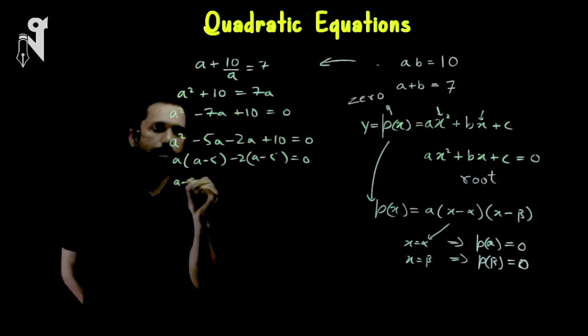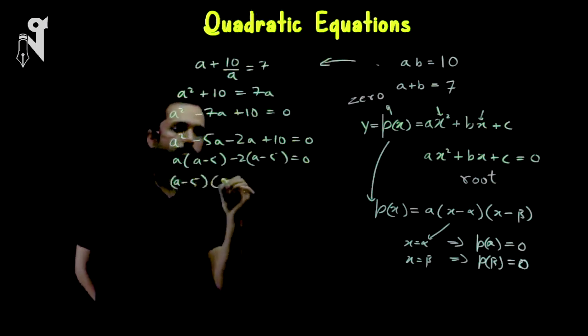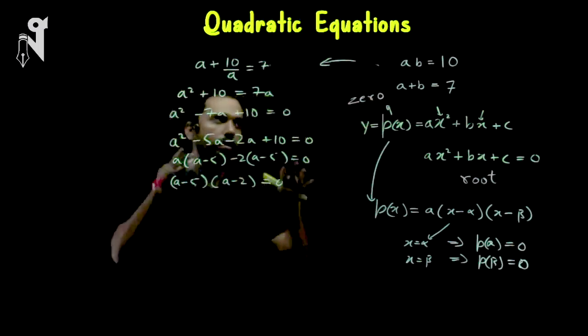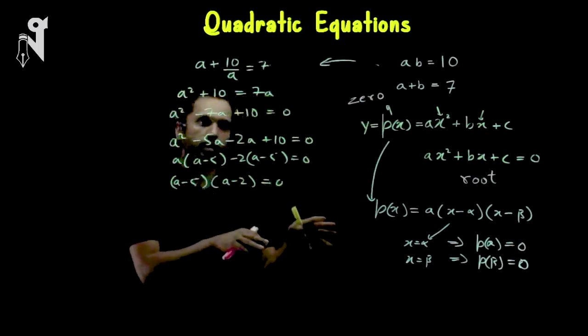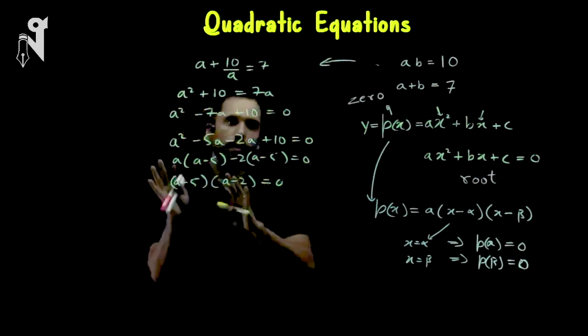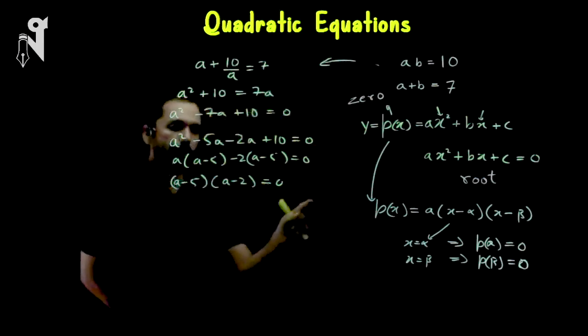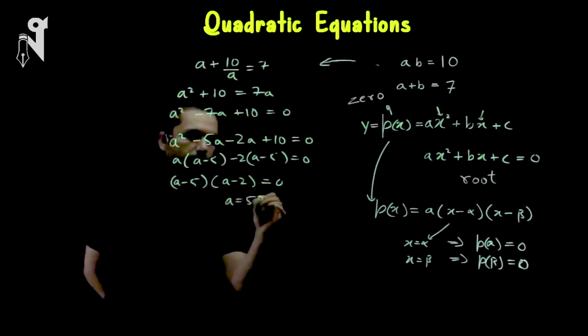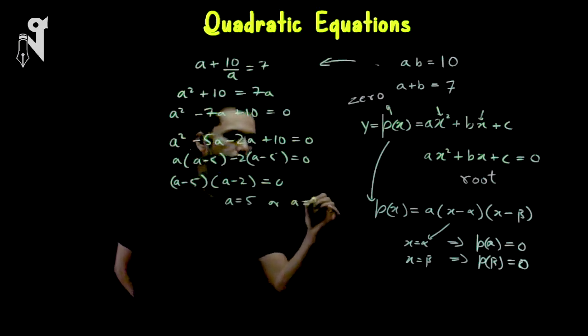Among the two, a minus 5 common, and a minus 2 is equal to 0. Don't worry about this part. This is not the concern of this lesson. What I'm doing over here is just recapping what we have already done before. So this part I'm not teaching, and what we get is, a is either equal to 5 or a is equal to 2.